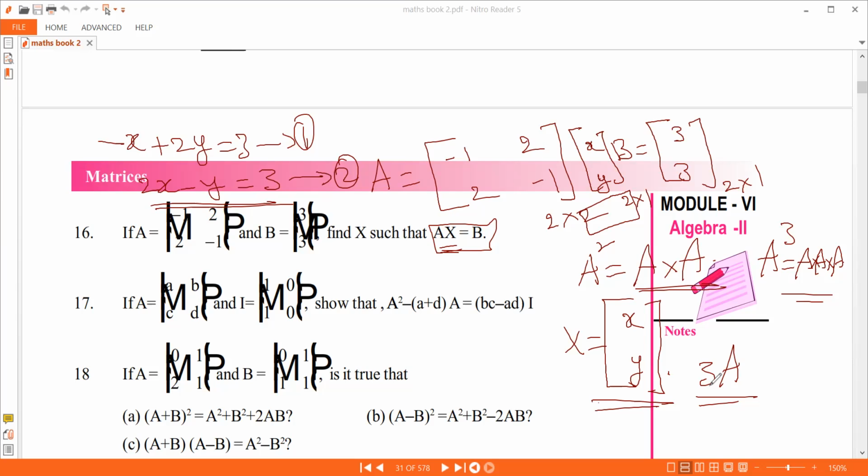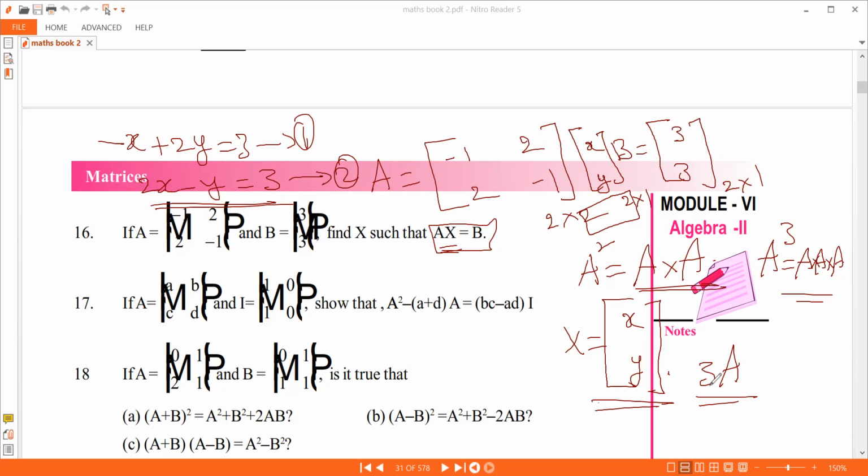So it becomes A plus D into A. That will become A square plus DA.